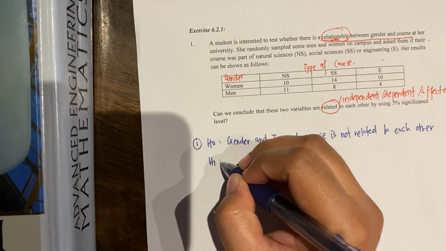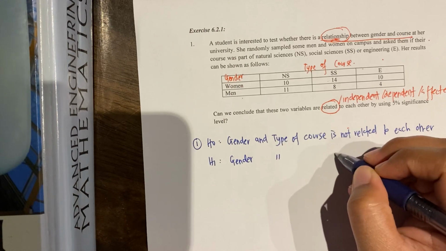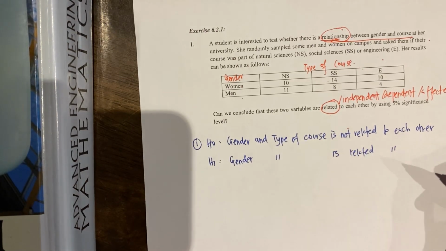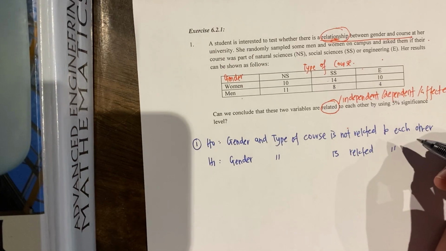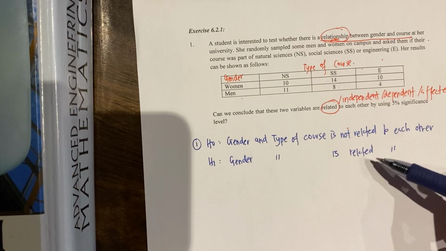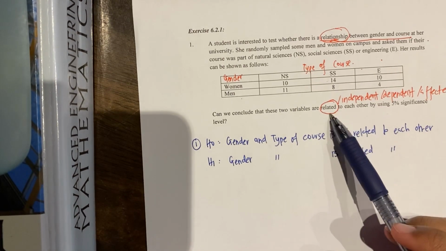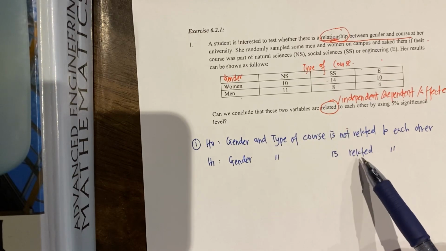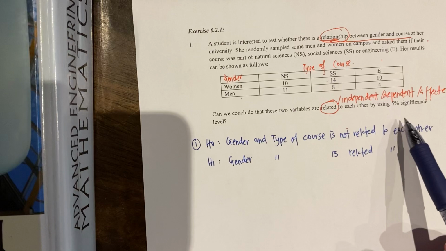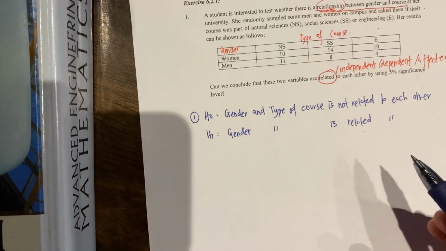H1: gender and type of course are related to each other. So H1 is always dependent. That's why we use related. As I said, to be easy, you just follow what keyword you have in your question. Since we have related, you use the word related in your hypothesis. If they use independent and dependent, then use that for your hypothesis.